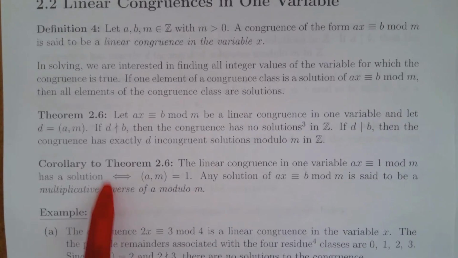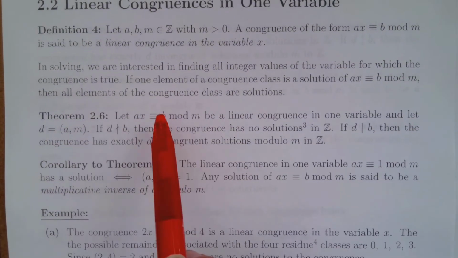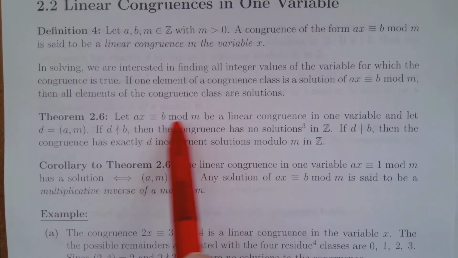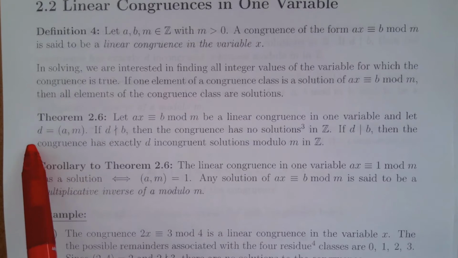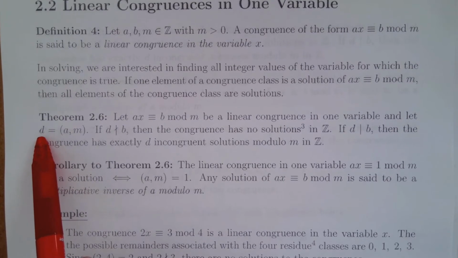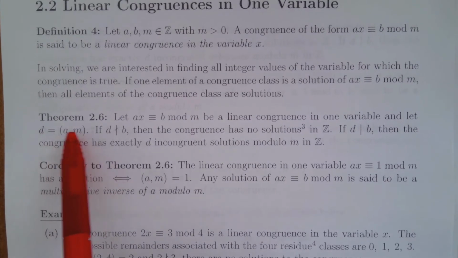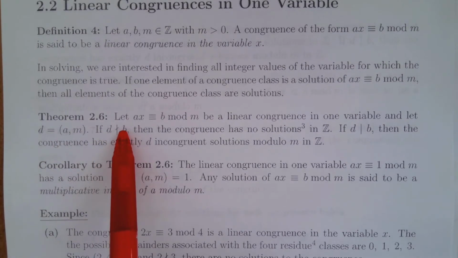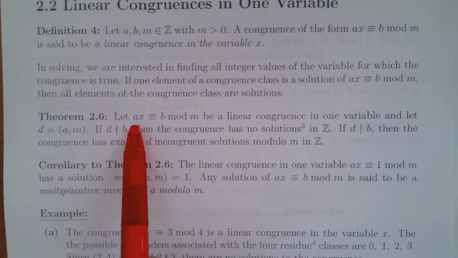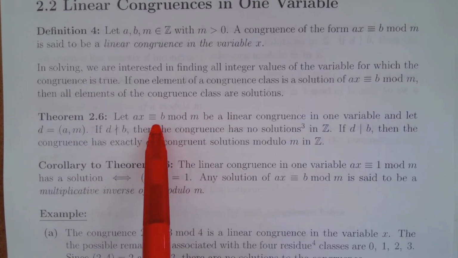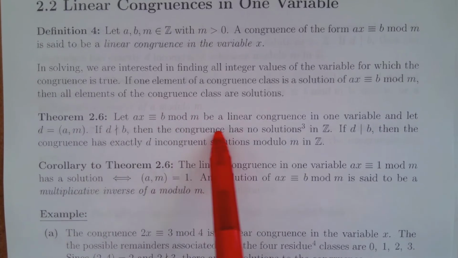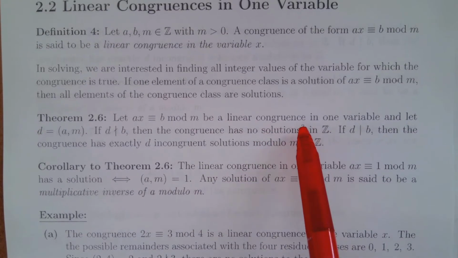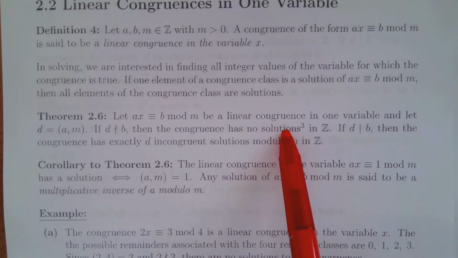Now, we have a theorem that says if we have this linear congruence, ax is congruent to b mod m, and d is the greatest common divisor of a and m, then if d does not divide b, there are no solutions to the congruence in integers, and that's due to the division algorithm.